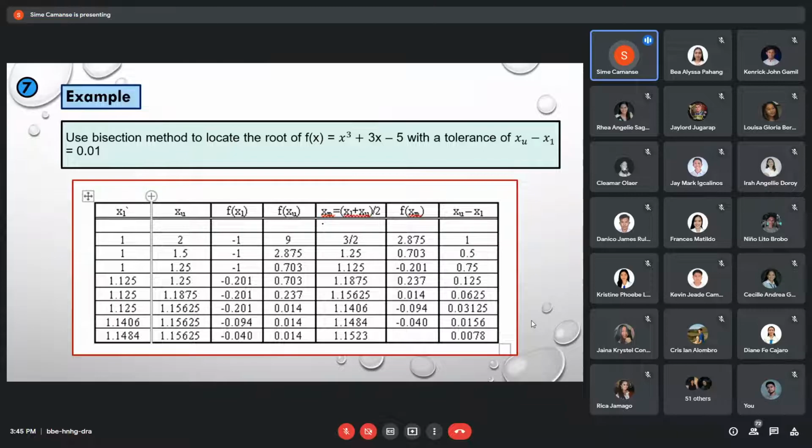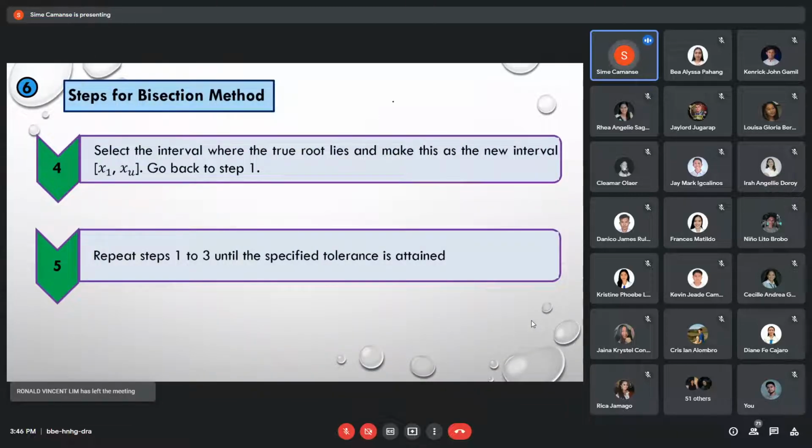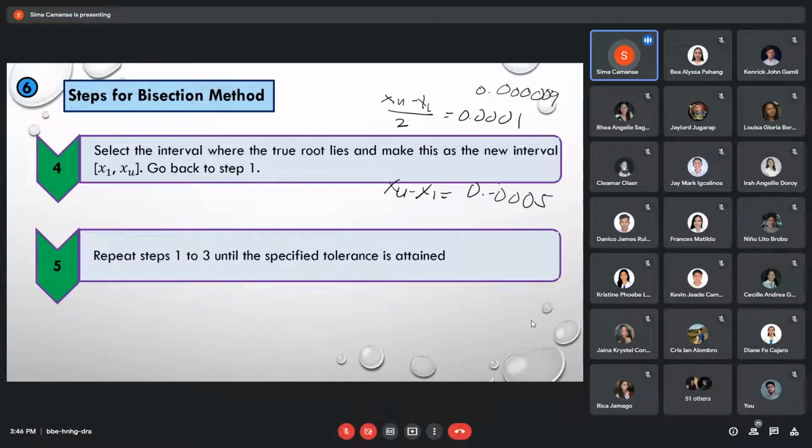The tolerance depends on you, for example when your XU minus XL all over 2 is equal to 0.0001. If it reaches that, it stops. Or it can also be XU minus XL equal to 0.0005. It's up to you. The smaller your tolerance, the more accurate your answers. But if we solve it manually with such a tolerance, you will still have a long solution table in your problems.